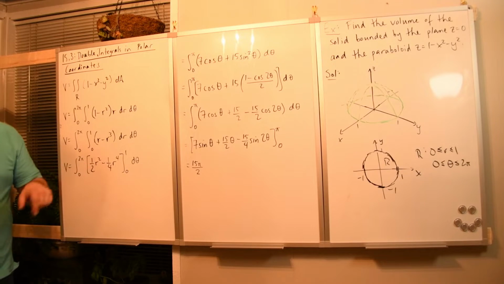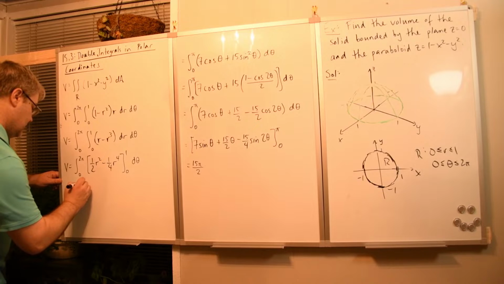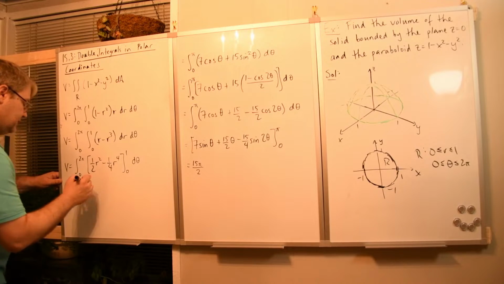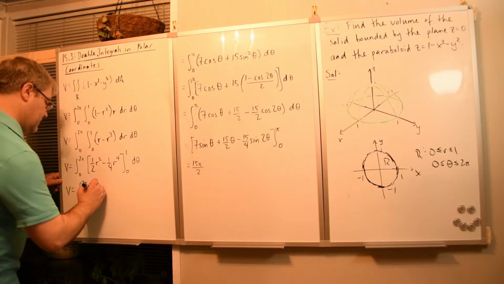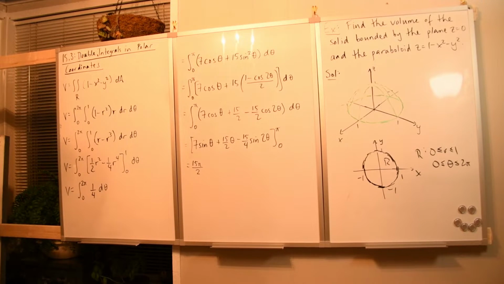That'll give us 1/2 minus a 4th, which is a 4th. And you subtract what you get when you plug in 0, which is just 0. So the volume is equal to the integral 0 to 2 pi of 1/4 d theta. It doesn't get much better than that.